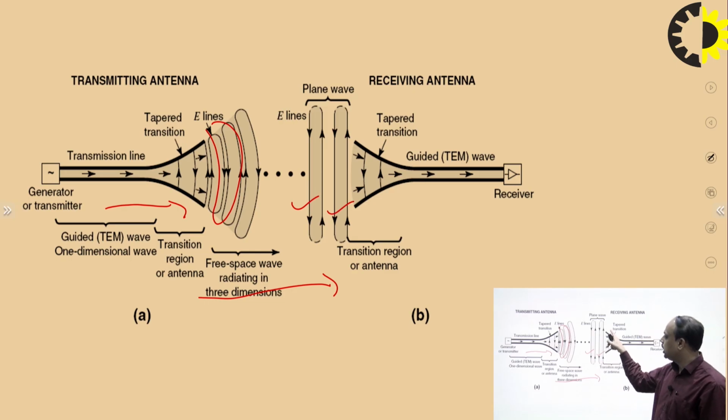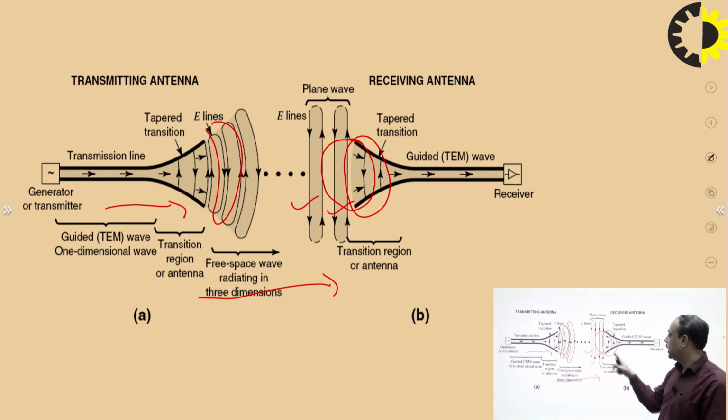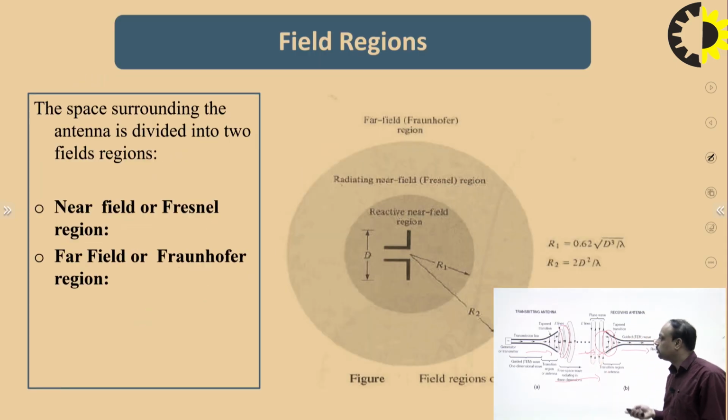The receiving antenna has very small dimensions compared to this wavefront, which is coming from tens of kilometers away. So only a small amount of power, proportional to the aperture of the antenna, is received. That's why we need an amplifier right after the receiving antenna, and then the signal goes to the receiver. So the wavefront is actually a sphere which becomes flat due to the large distance from the antenna.